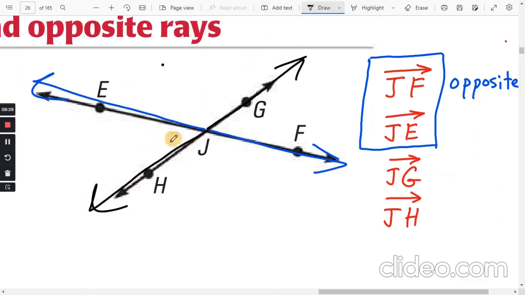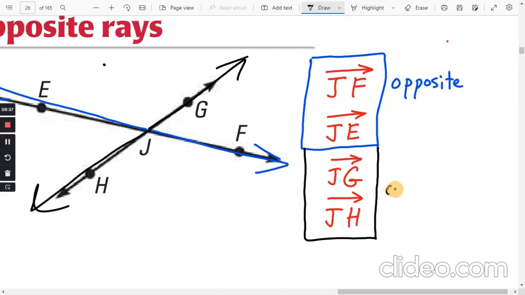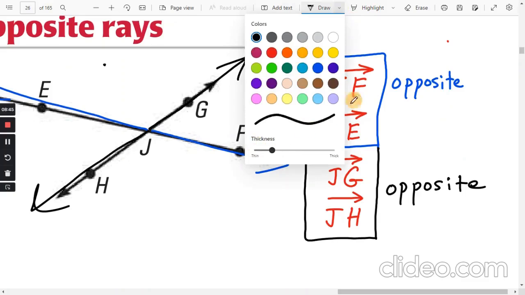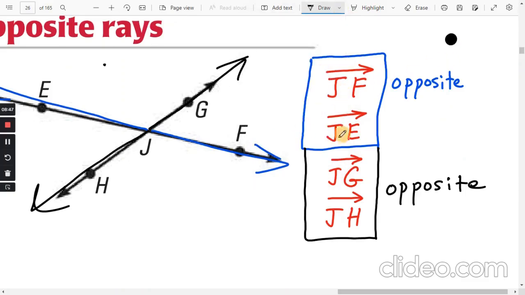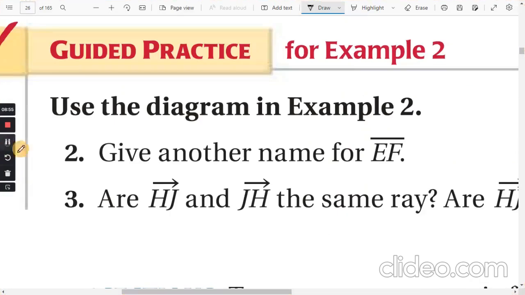These two together also form a line, and they have the same endpoint. So those rays are also considered opposite. But notice that all of the rays that I named start with the letter J, which means they all started right there. That's the endpoint.